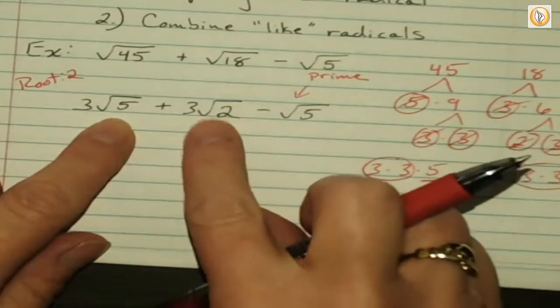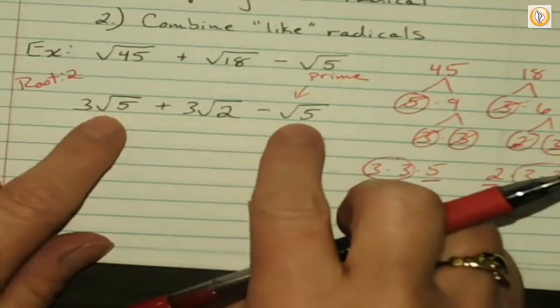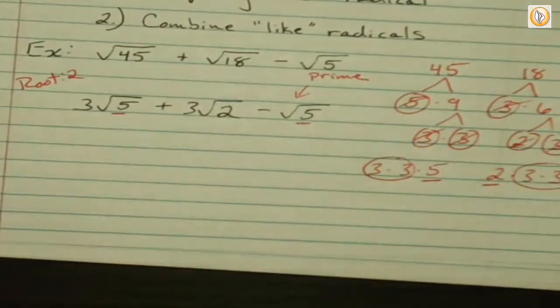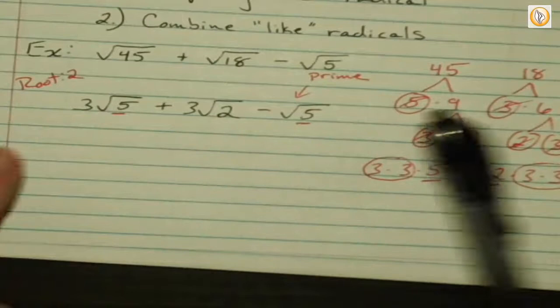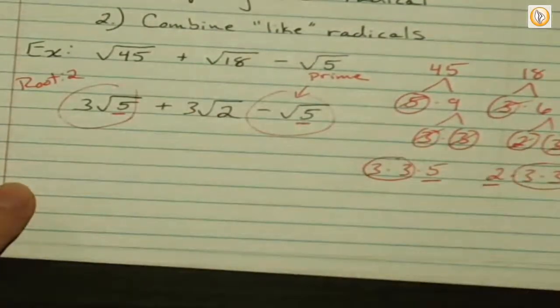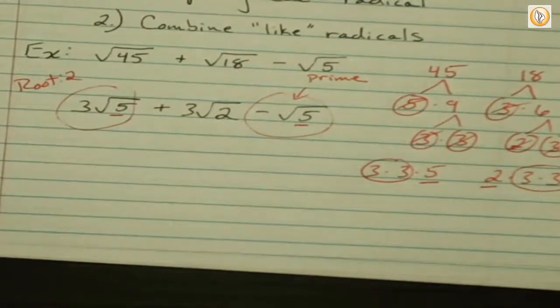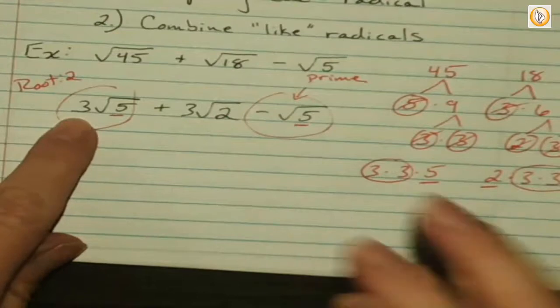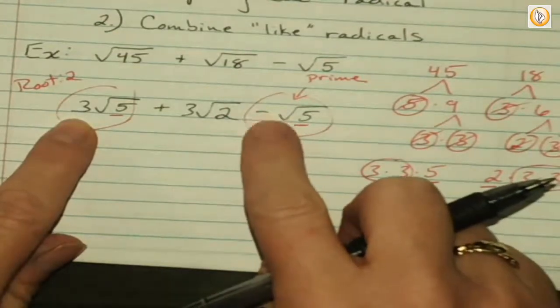So she's correct. This one can't be combined with these. These have the same radicand, so they can be combined. We're going to combine like terms. Now, New had asked, what if there's an outside number here, but no outside number here?